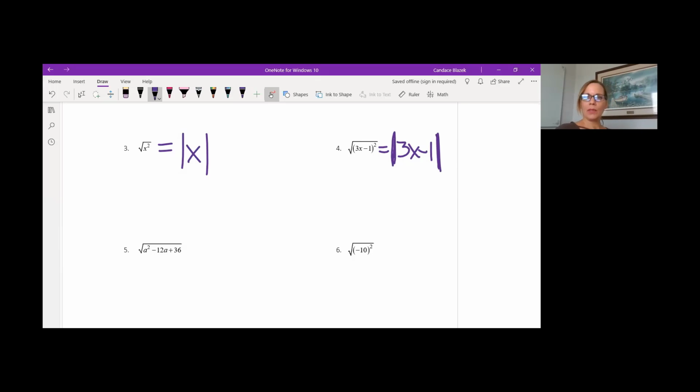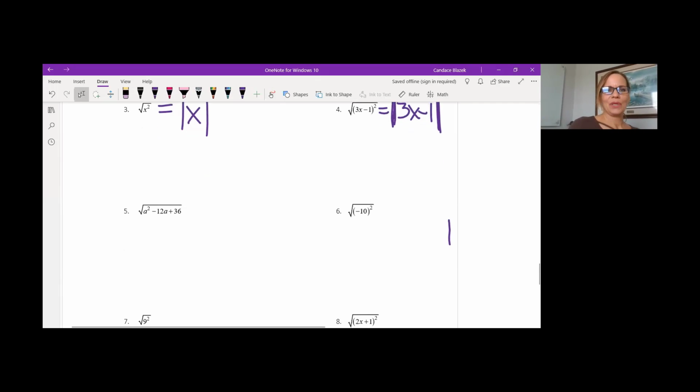Now this can come in handy also when we look at 5. You may be like, what do I do with 5? Because it's the square root of a squared minus 12a plus 36, that whole expression. When you look at something like this, see if you can factor it. Often we can factor it into something squared.